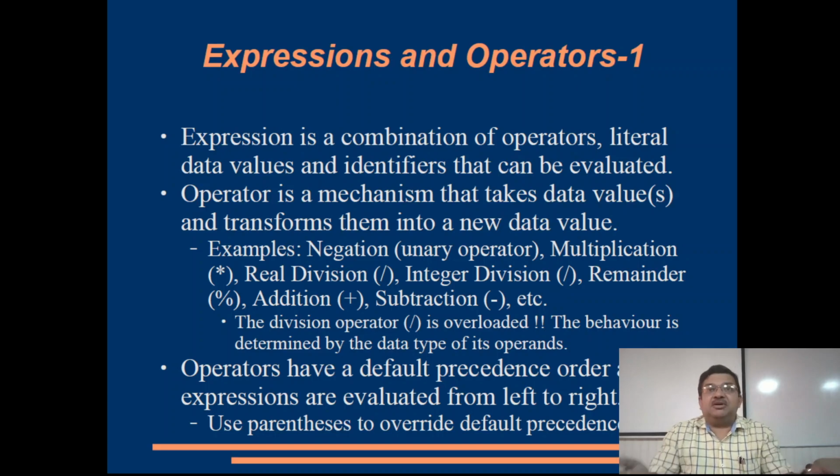If there is a combination of multiplication, division, and remainder operators, then the execution happens from left to right. Whichever operator comes first as you traverse from left to right, that operation is performed, right? And then the last precedence is for addition and subtraction, again from left to right.